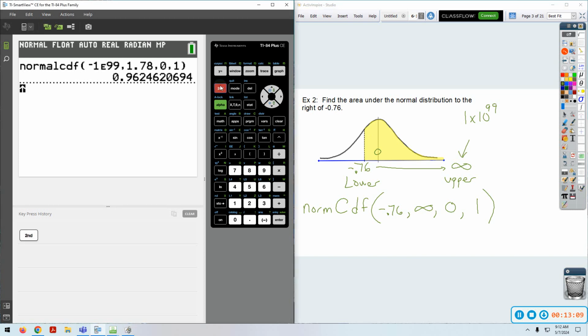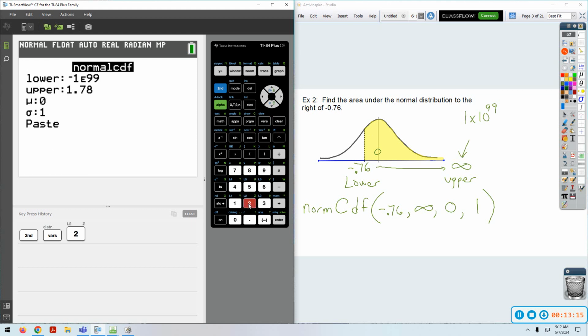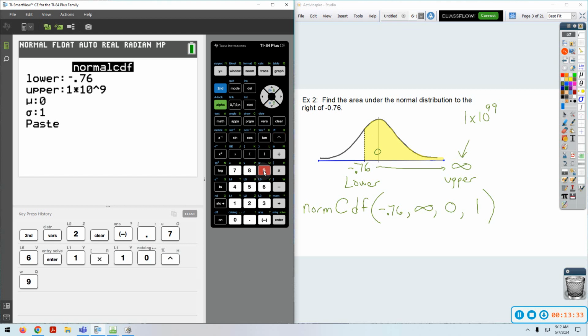It's second distributions. Go to number 2, which is the normal CDF. You're going to have to clear that out because what we want to start with is negative 0.76. Enter. My upper is going to be infinity, which is 1 times 10 raised to the power of 99.